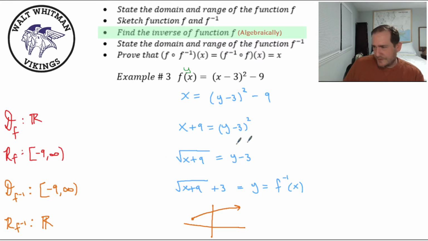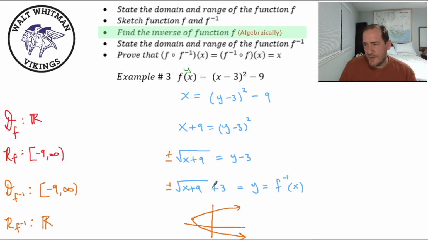Remember that plus or minus from before? By generating that plus or minus, we now get the top half of a radical function, but we get the bottom half too, which technically makes us not a function, but at least now our range is all real numbers like it ought to be. And at least now our graph is truly a full parabola that has been reflected over the line y equals x.